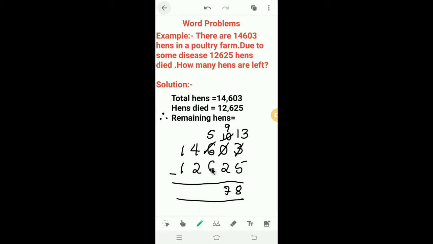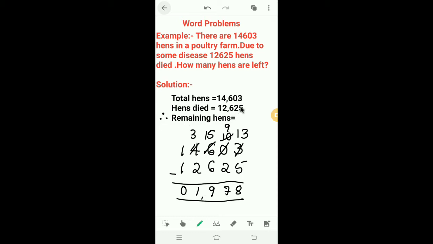Is 5 minus 6 possible to subtract? No, it is not possible. So we have to borrow from 4. If you borrow from 4, then 4 becomes 3 and here 5 becomes 15. 15 minus 6 is how much? 15 minus 6 is 9. 3 minus 2 is how much? 3 minus 2 is 1. 1 minus 1 is 0.